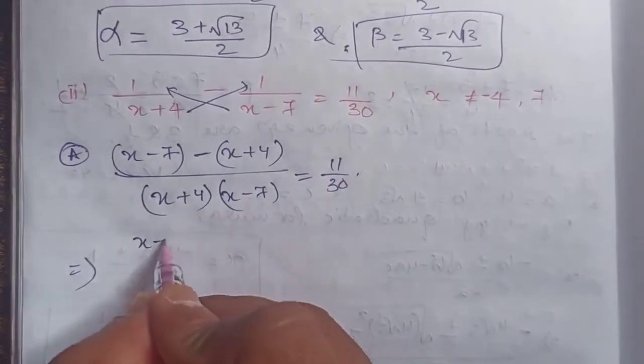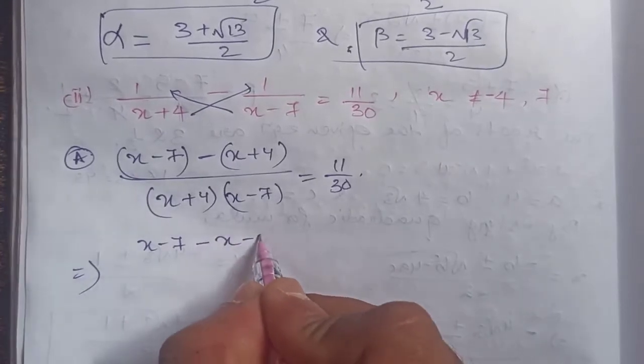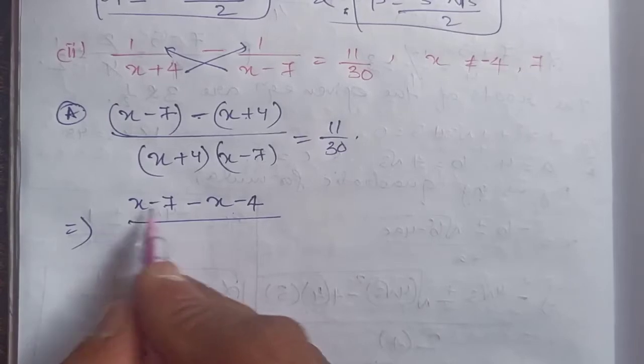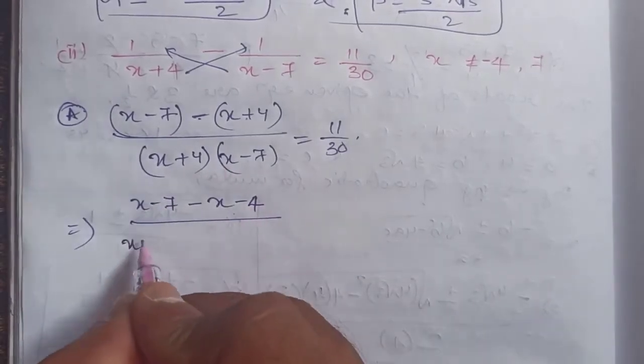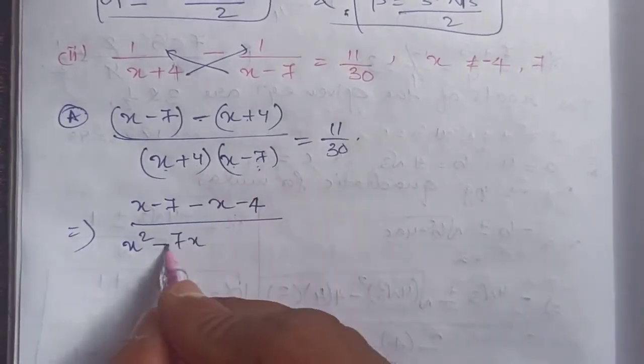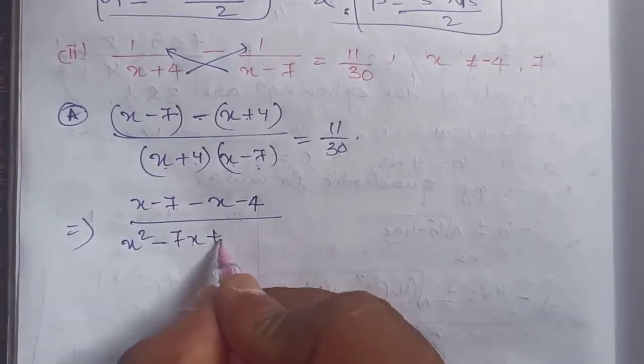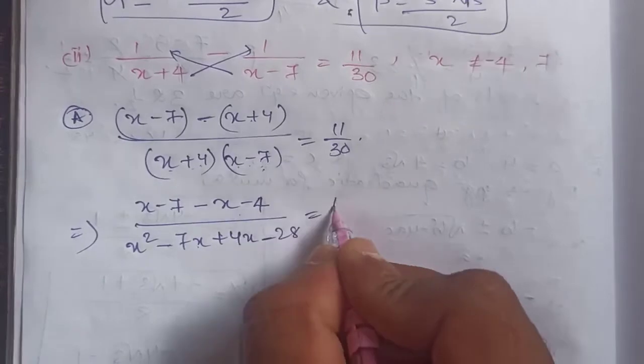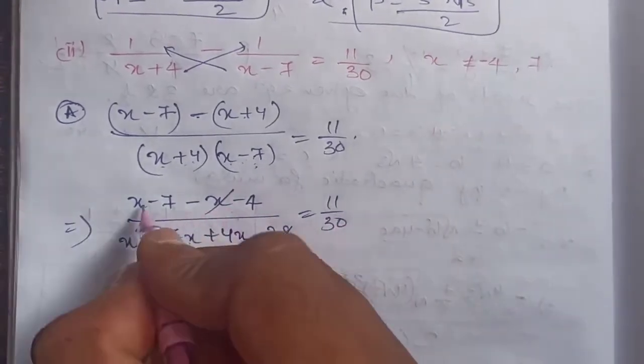Now x minus 7 minus x minus 4 we will get, minus plus minus. Okay, divided by x into x is x square, x into 7 is minus 7x, 4 into x is plus 4x, plus minus minus 4 7s are 28, equals to 11 by 30. Cancel x and x.